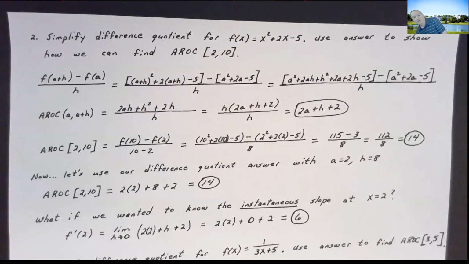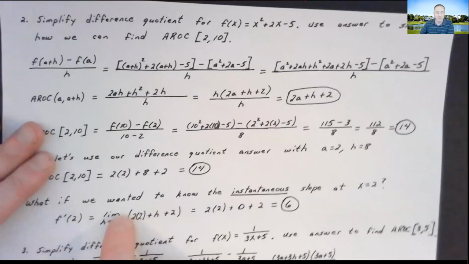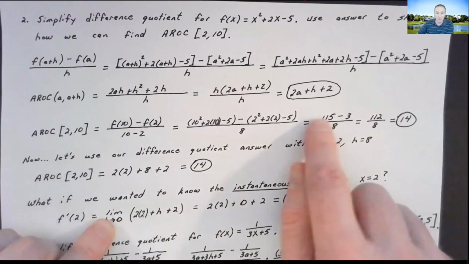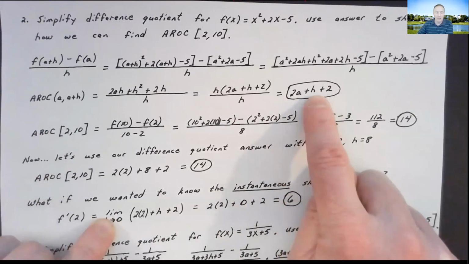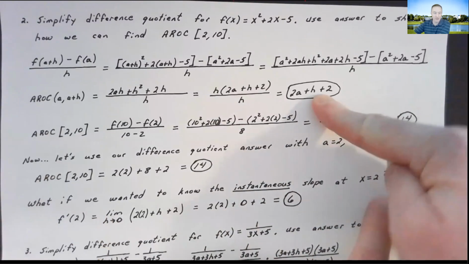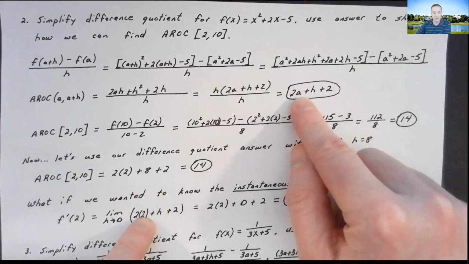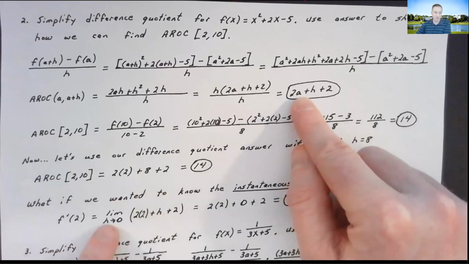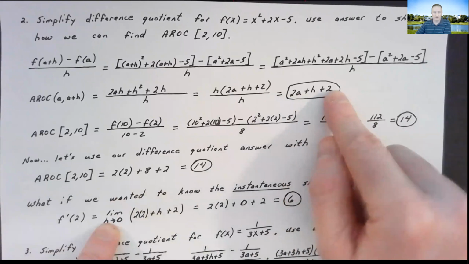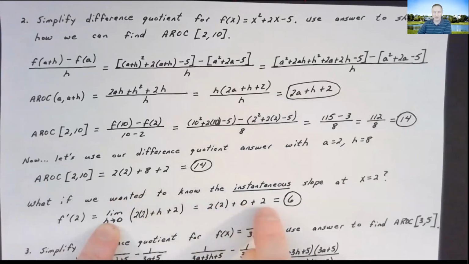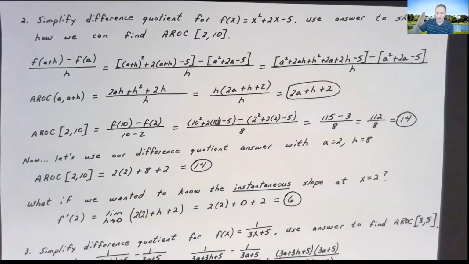So I can say, well, then the instantaneous rate of change is going to be when you let h equal 0 in this expression, and you know that you're wanting to know the rate of change at 2, so you just plug in 2 times a becomes 2 times 2, plus h, which is going to become 0, plus 2. So I have 2 times 2 plus 0 plus 2. Well, the instantaneous rate of change at 2 is going to be 6. So that means it's going up with a slope of about 6 units at the instant of 2.